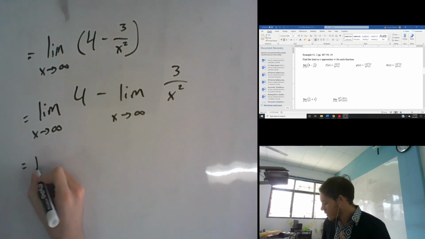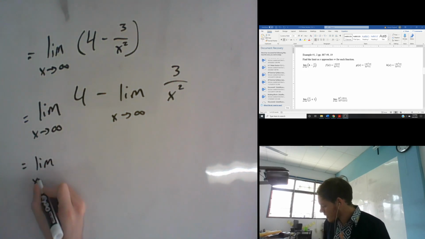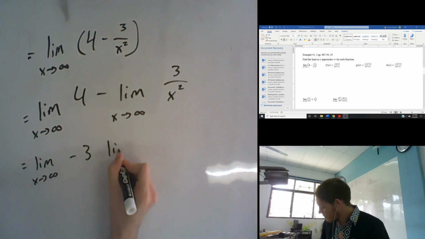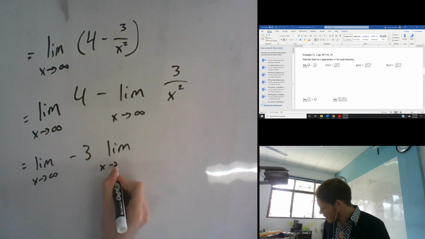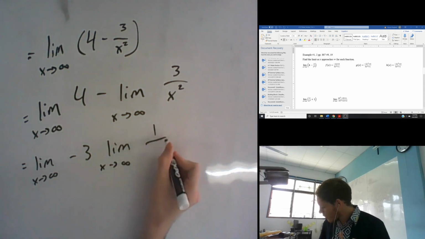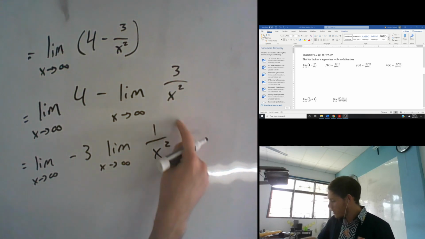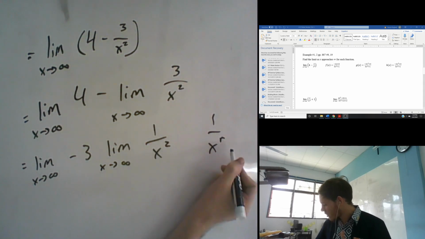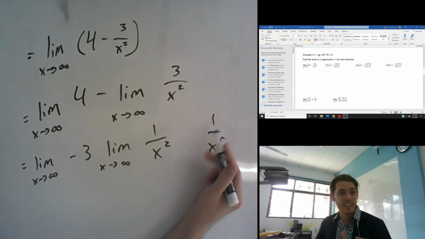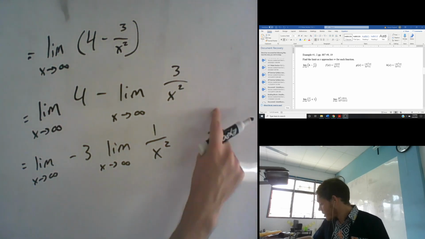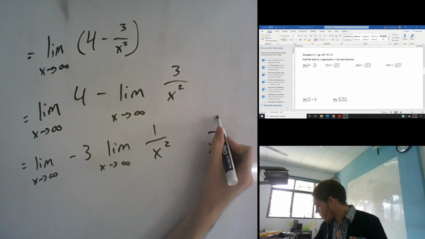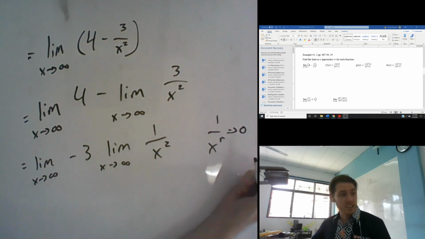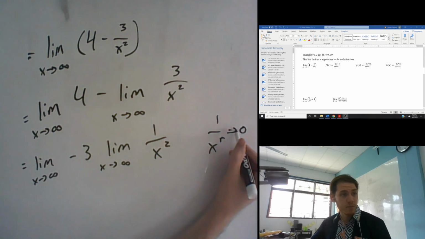So we have the limit as x approaches infinity of minus 3 times the limit as x approaches infinity of 1 over x squared. Now if you notice, this is very similar to our 1 over x to the r. In fact, it is the exact same concept, and the limit for this was that it approaches 0, okay?